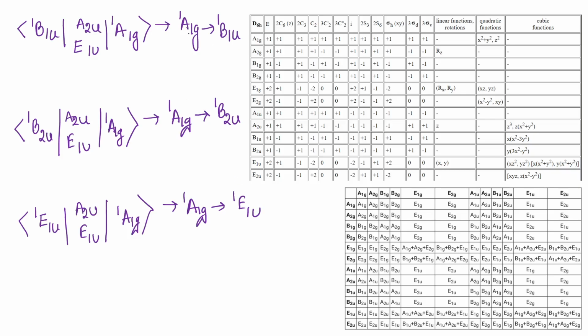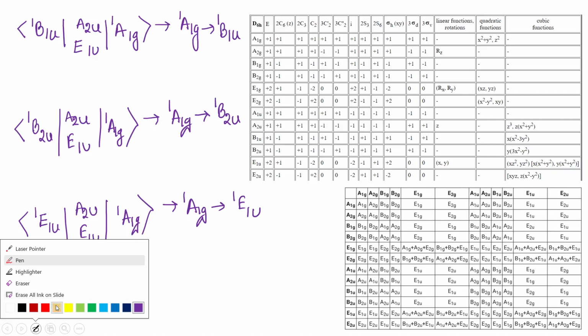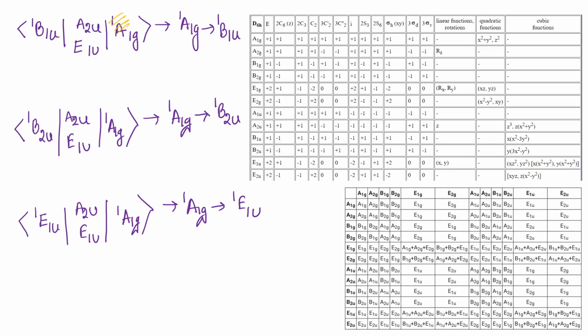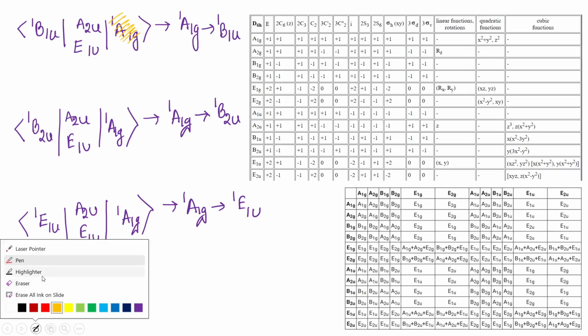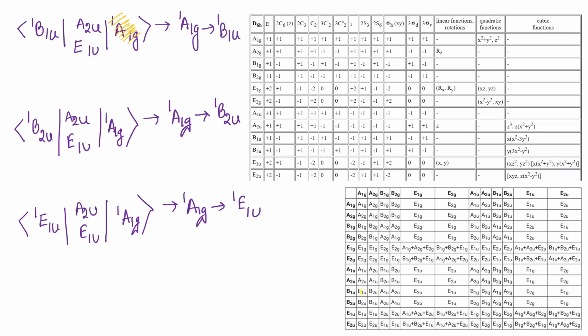Now let us start from A1g to B1u. A1g, so I am not bothered about this. When I multiply B1u with A2u, that gives me B2g.